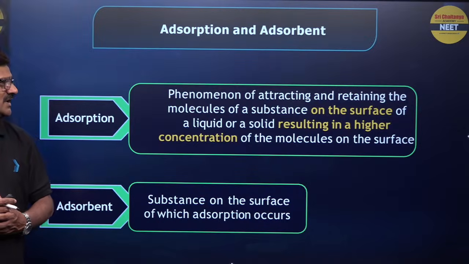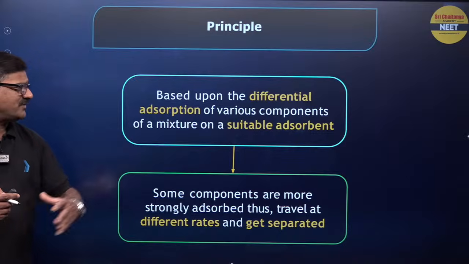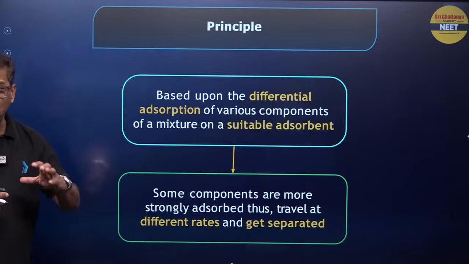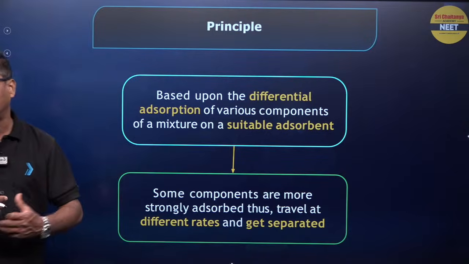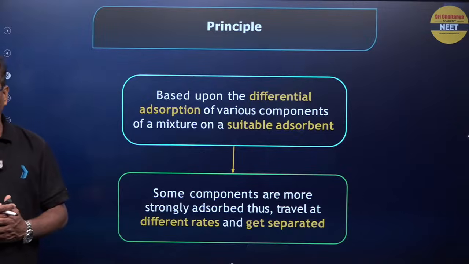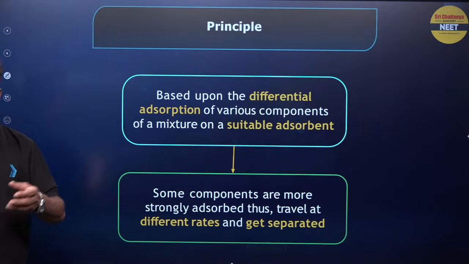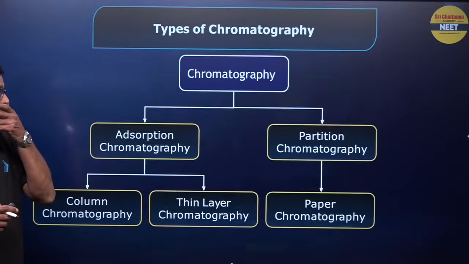Chromatography is based upon differential adsorption of the various components of the mixture on a suitable adsorbent. Some compounds are more strongly adsorbed, some are less strongly adsorbed. If you add some solvent, the one which is less strongly adsorbed is released first, and you can collect the product like this.